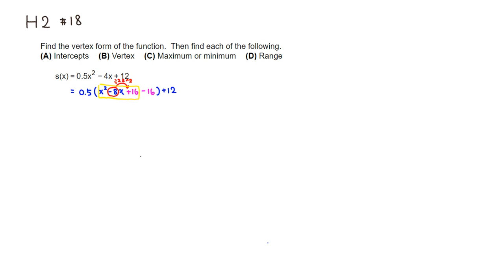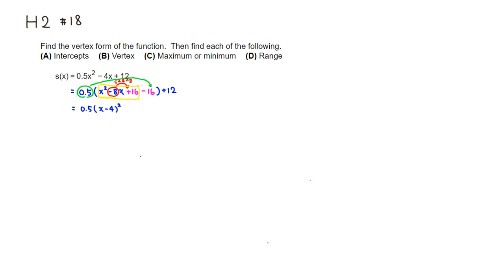So 0.5 is still there, so we have to keep that. This is going to be x, then you take half of negative 8, so it's going to be x minus 4 squared. One thing we have to be careful about is the leftover negative 16. You still have to distribute 0.5 to this term to get it out of the parentheses.